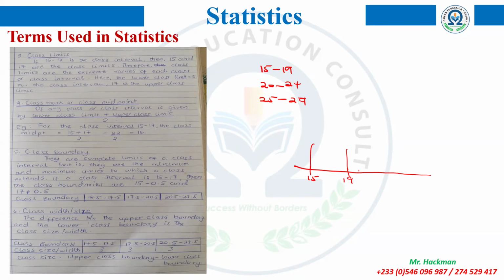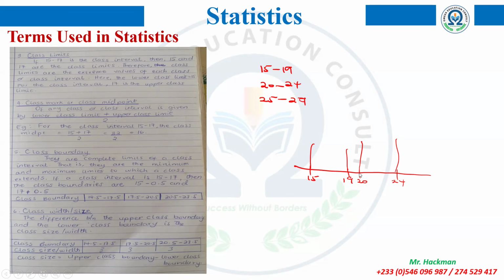Then the next one, I come to 20. 20 obviously cannot be here, so there will be a space before 20 comes, then 20 to 24. I'm using this just to draw a particular point. Immediately I do this, what I have here is not a boundary.